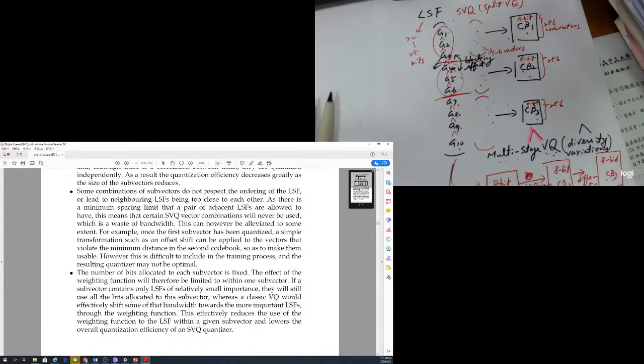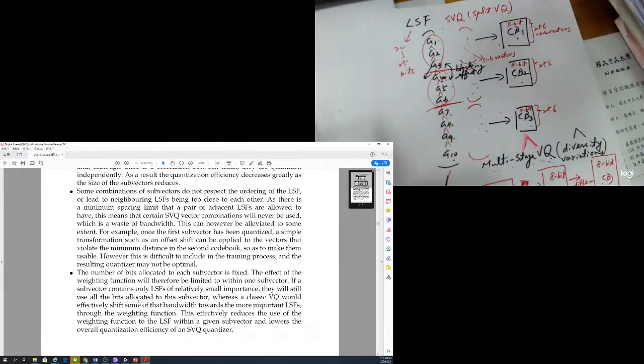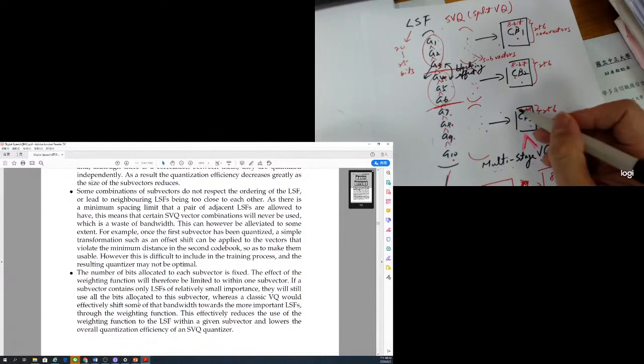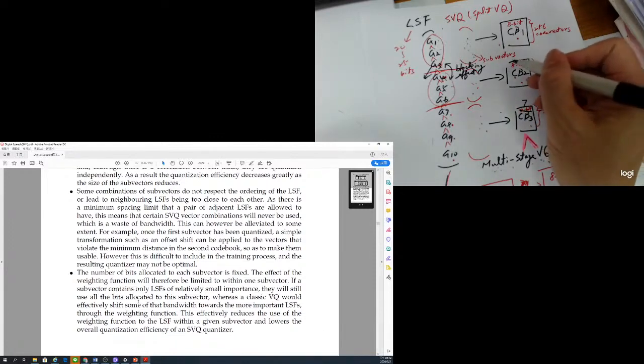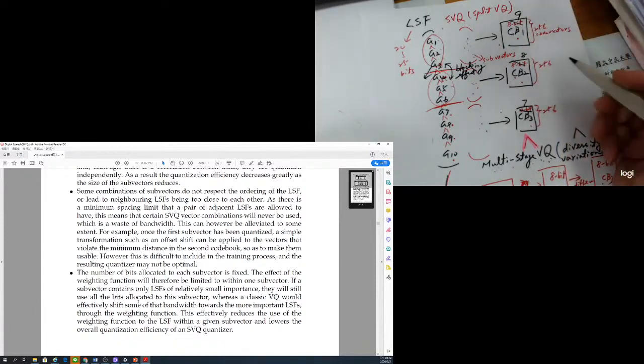We cannot move the bits to another subvector, because maybe the high frequency content here is not so critical. Maybe they use 7 bits here, 8 bits here, and 9 bits there, and get good performance.